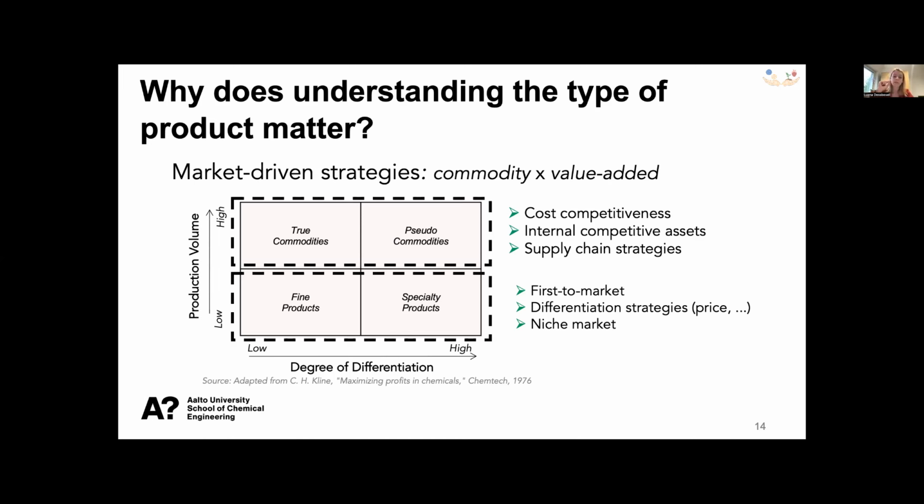It's about how my chemical fits into this specific client's value chain, about arriving at their door at the right time with the right product that works for them. It's a very niche market, so you might have many small contracts of small volumes for many clients. At the top here, it's large contracts, large volumes to core clients most of the time. So these strategies are completely different.